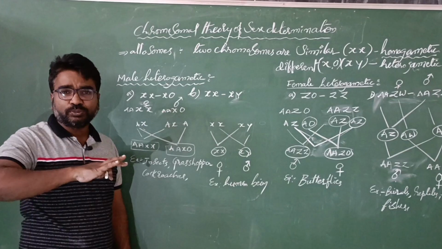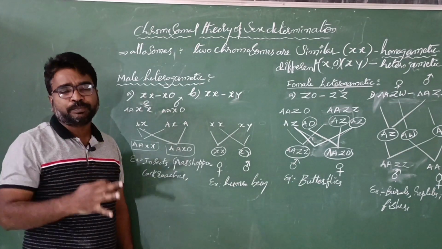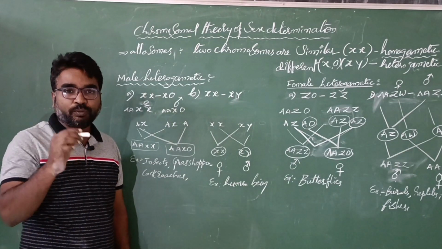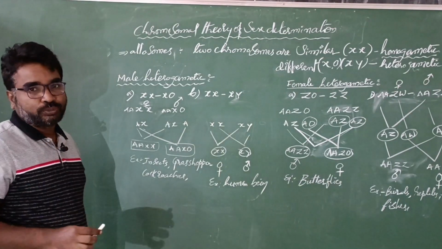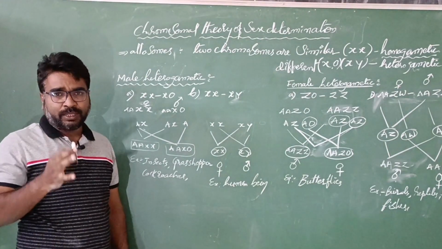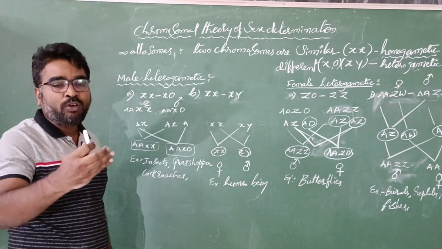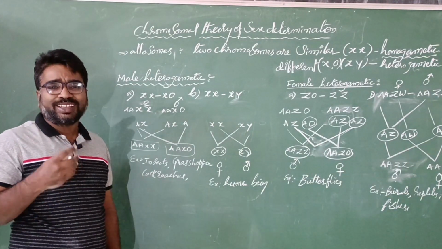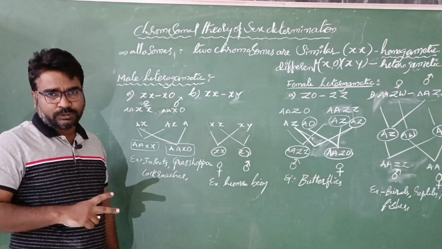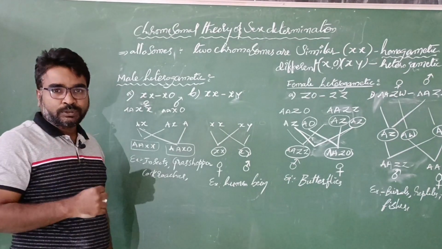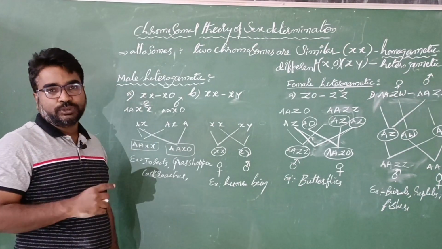If the chromosomes are not involved in sex determination, we call them autosomes. So the chromosomes are divided into two types: number one is autosomes, the second one is allosomes.